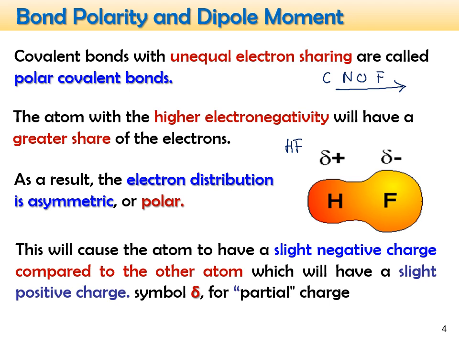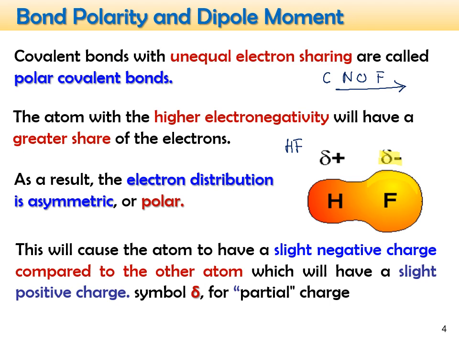Imagine this cloud is the distribution of electron. The distribution of electron is more on the side of fluorine, because it is partially negative and will attract the electron more.